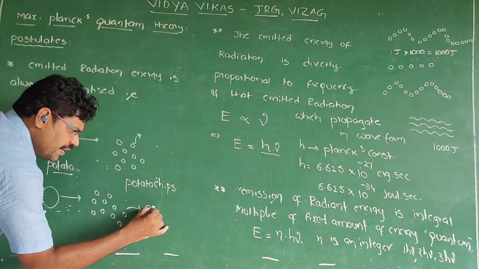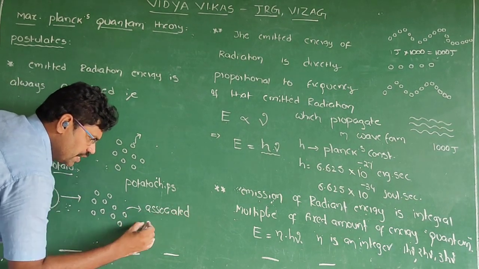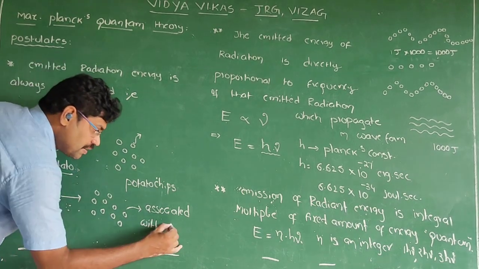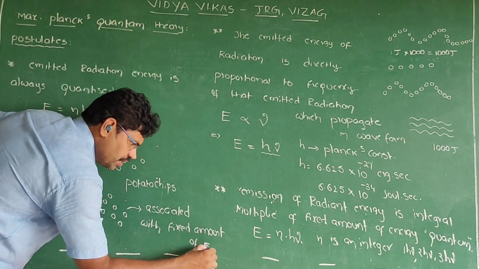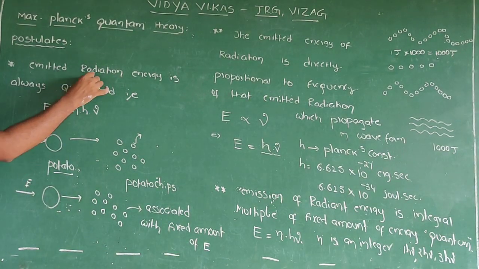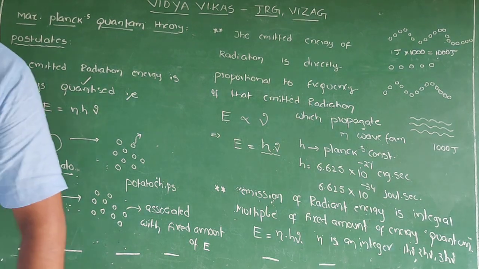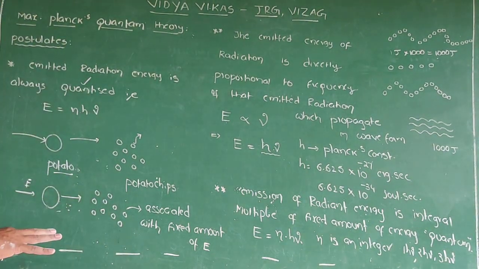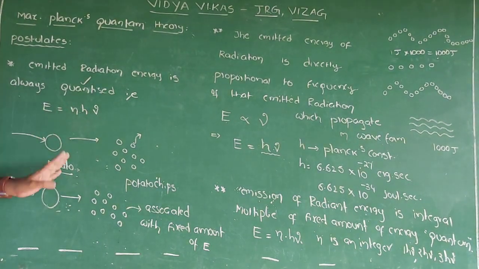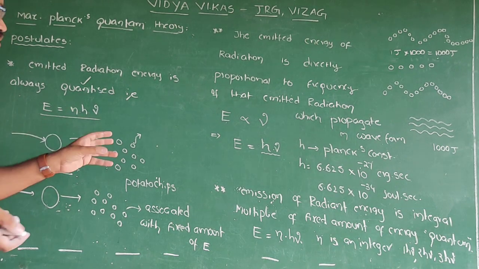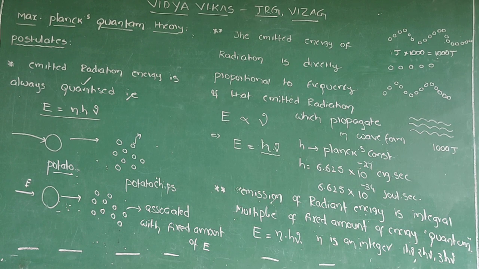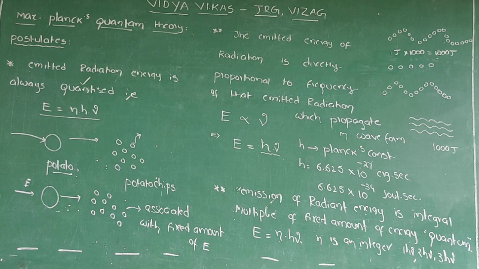Every energy packet is associated with some fixed amount of energy, and that is the process we call quantization. So according to Max Planck, the emitted radiation energy is always quantized, and its value is E equal to n h nu. And this is what we call Max Planck's quantum theory. Very, very important one.